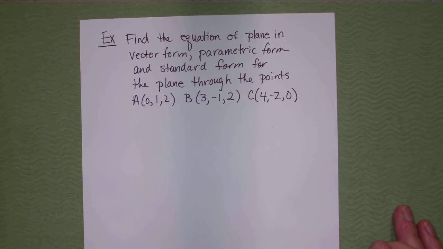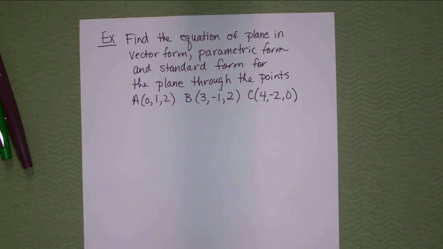So if I give you two vectors, that's actually easier. Two vectors and a point, that's easier. 3 points is a little more work. So step one, if we want to find any of the forms, is we need to have two direction vectors.